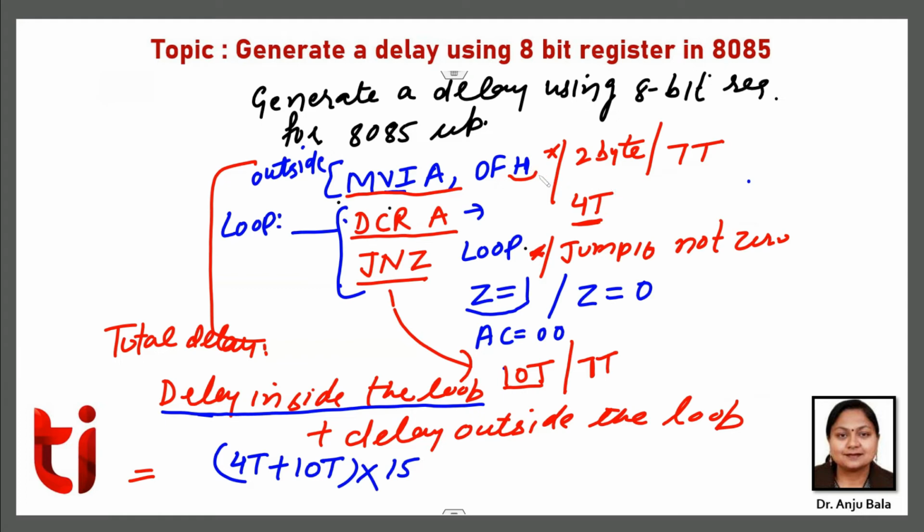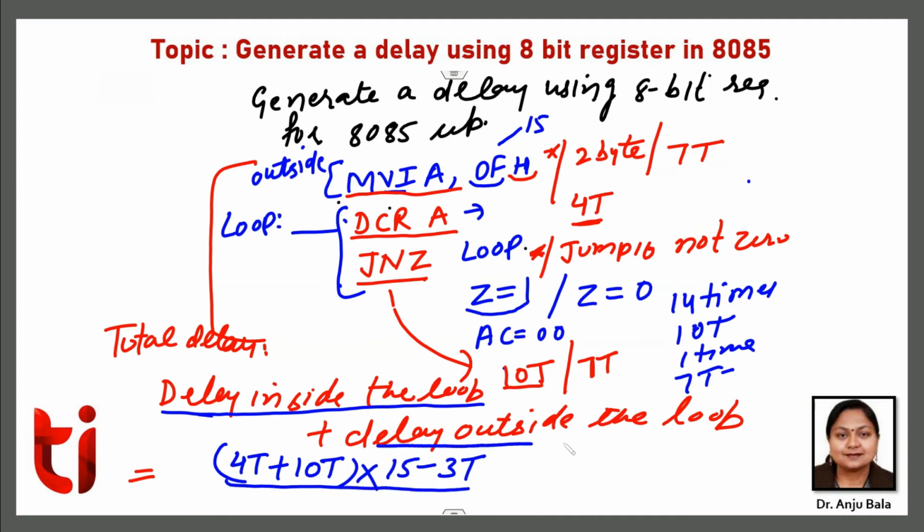F in hexadecimal is 15 in decimal, so we multiply by 15. And as we know, one time the loop is 3 T states less: if it is 15, then 14 times 10 T states are required, and one time only 7 T states are required. So I need to subtract 3 T, because one time 3 T states are required less compared to 10 T states. This is the delay inside the loop.